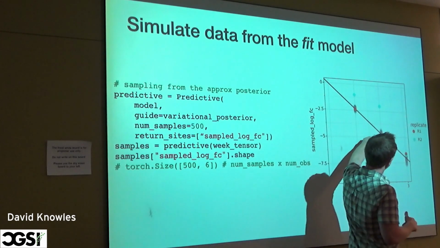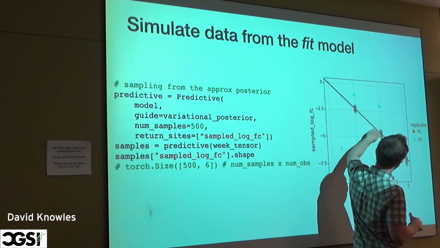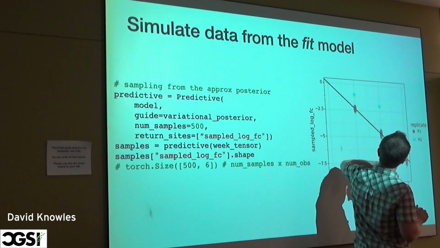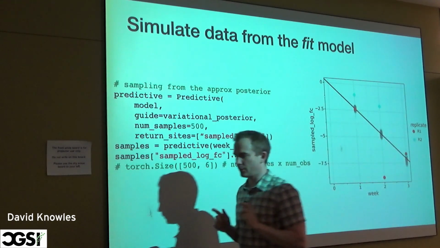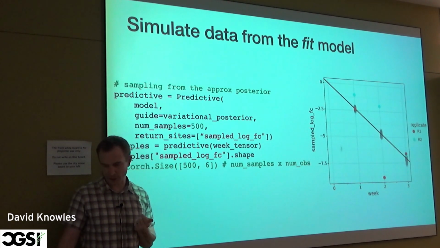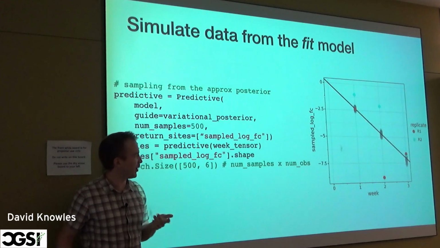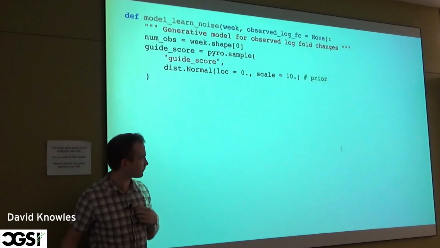All these gray points in this little cloud are data points sampled from the fit model. And one issue you can see immediately is the variance is way too small, right? The reason for that is that we didn't fit the noise of this regression. And that's a pretty weird thing to do if you don't have a good way ahead of time of knowing what the noise variance is going to be.